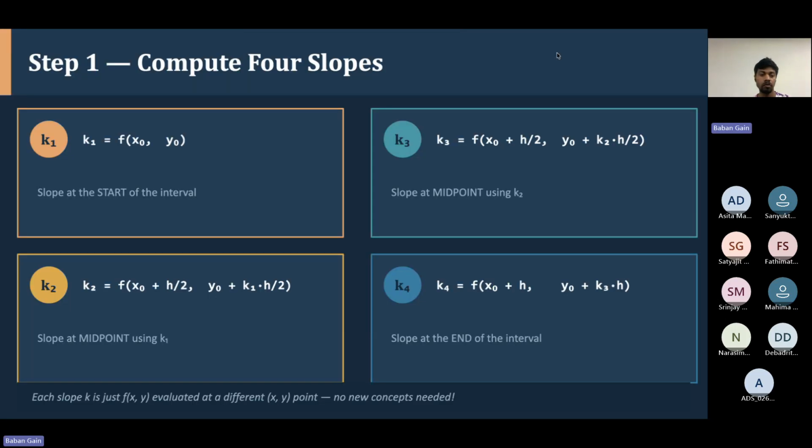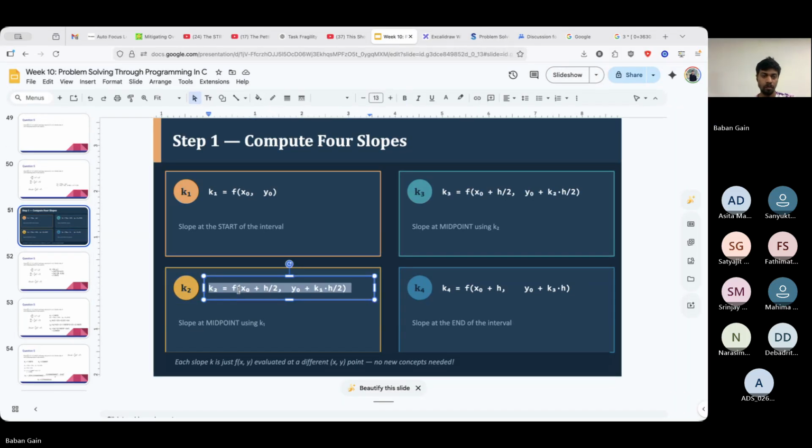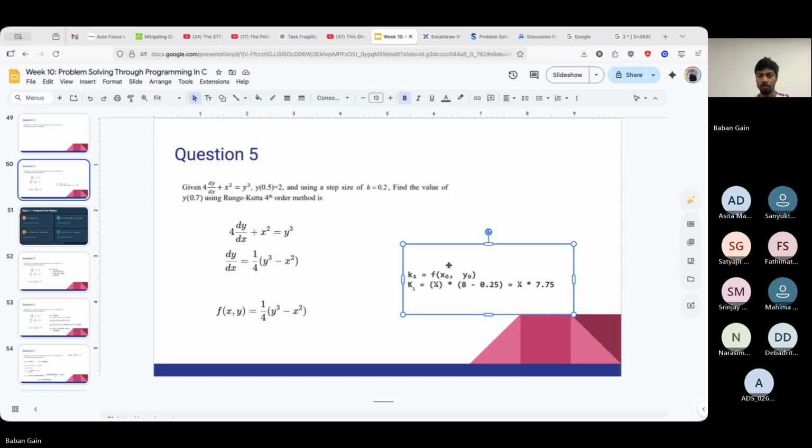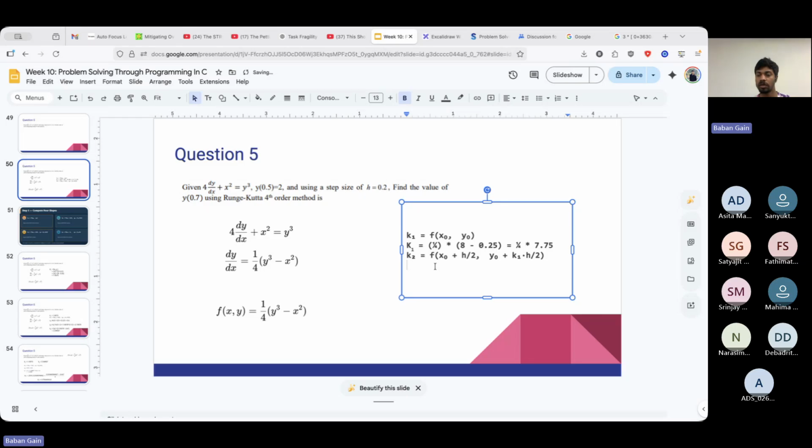Okay. Now k2. Using this formula only, find out the value. So h mentioned here is 0.2. So what will be h by 2? It is 0.1.